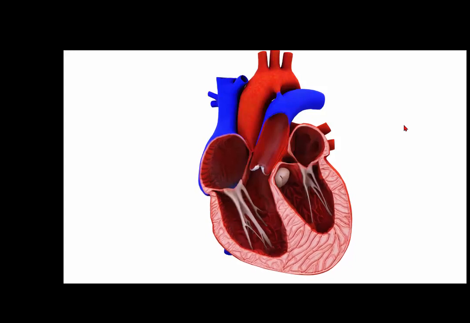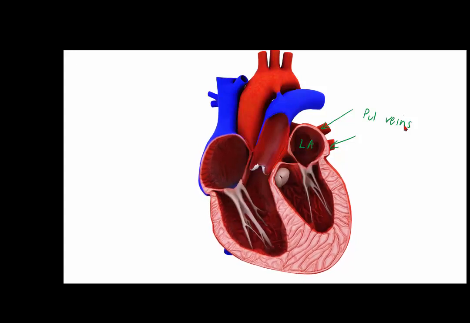So going back to the inside of the heart then, here's what we can see. Now this is a lovely little animation. We can see here that this vessel here and this one here, these are the pulmonary veins. They bring blood back from the lungs. They enter the left atrium.